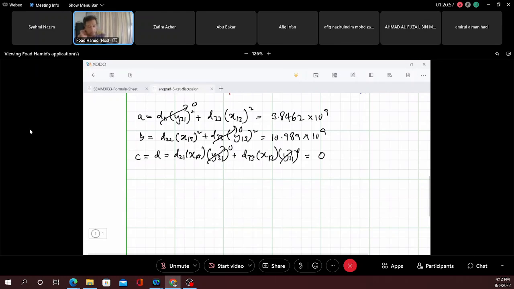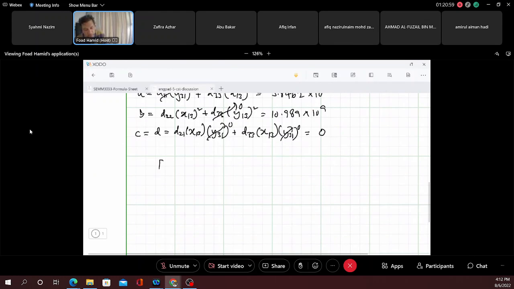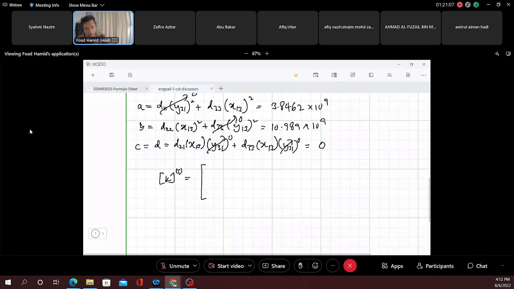So now our K matrix for the first element is, as expected, a 2 by 2 matrix.